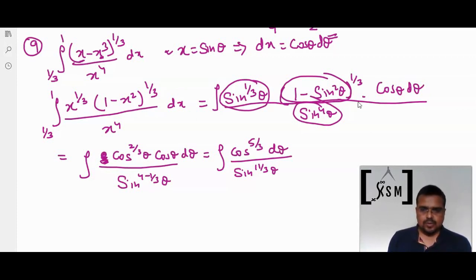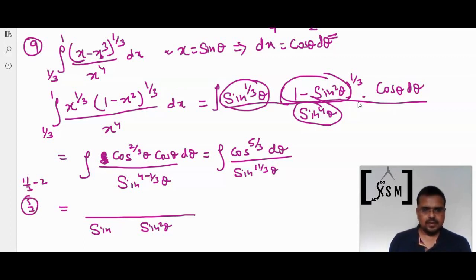I'm separating sine square theta separately, right? So from 11 over 3 I separated 2. I hope you understand that. 11 over 3 minus 2 would be 5 over 3, correct? So it is nothing but sine 5 over 3 theta.